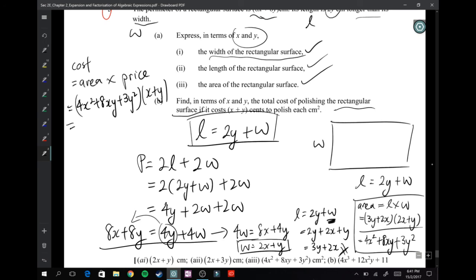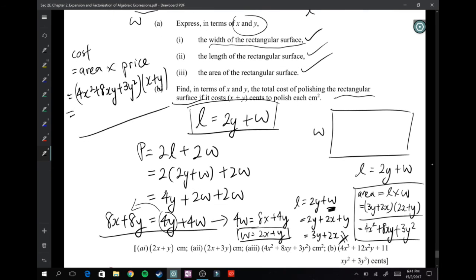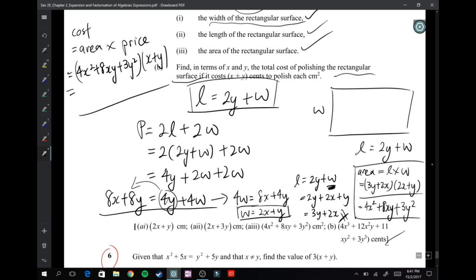And you're going to expand using the umbrella method. Once again, there are only positive signs here, so I don't expect you to make any careless mistakes. The answer here is correct.